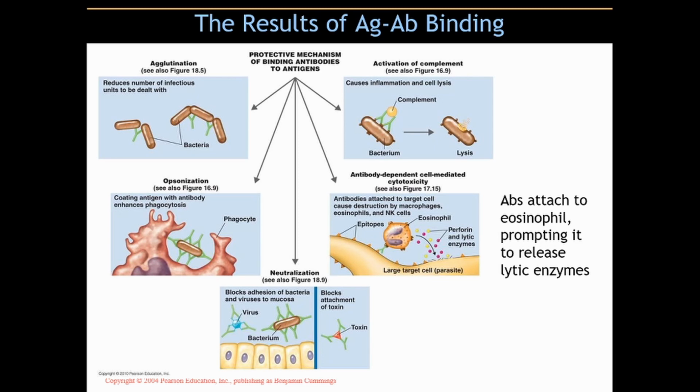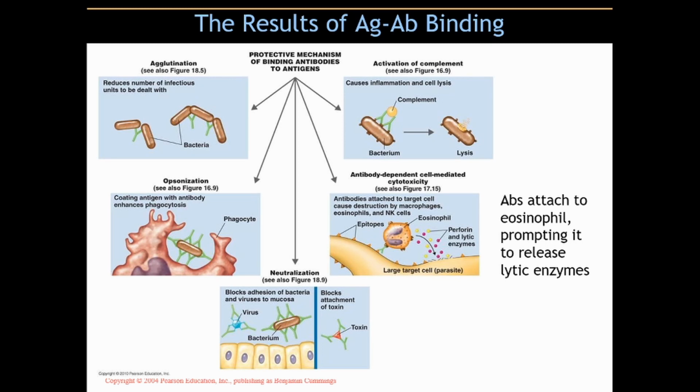It clumps them up and puts them into bunches so that the phagocytes can carry out phagocytosis more efficiently. So there are fewer antigenic units for the phagocytes to have to go hunt down and consume.